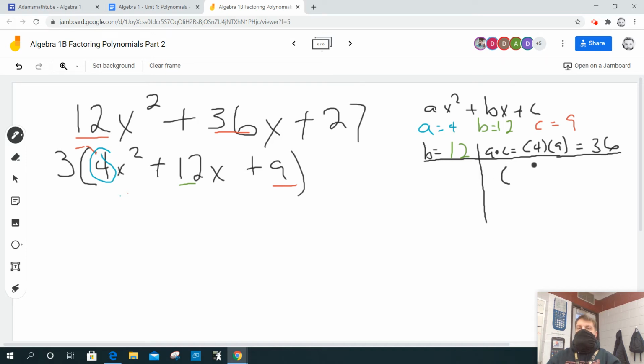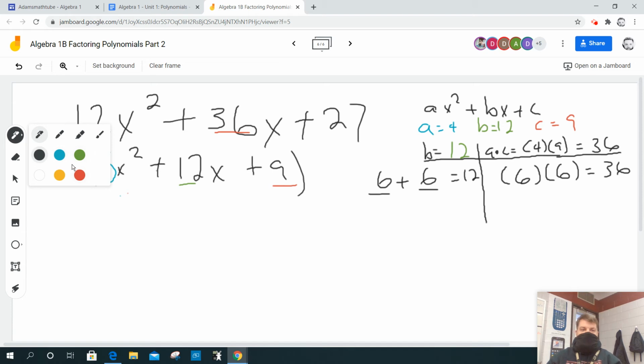In other words, I'm going to multiply these two numbers, and they equal 36. But then over here, I'm going to add two numbers, and they equal 12. How about 6 times 6 equals 36? And 6 plus 6 equals 12. So I think that'll work.